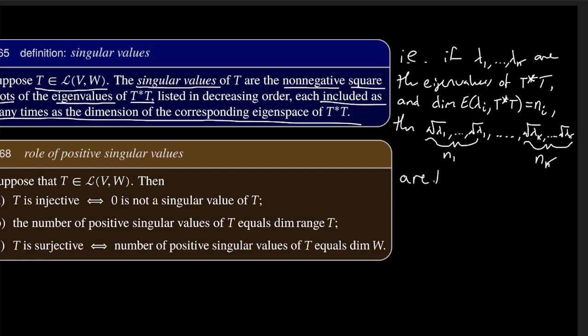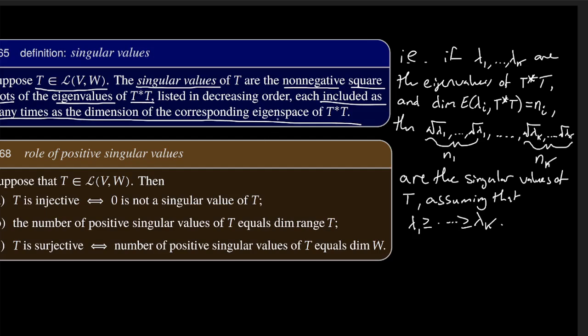These are the singular values of T, assuming that lambda 1 through lambda k are listed in decreasing order. So assuming that lambda 1 is greater than or equal to lambda 2 and so on, all the way down through lambda k.